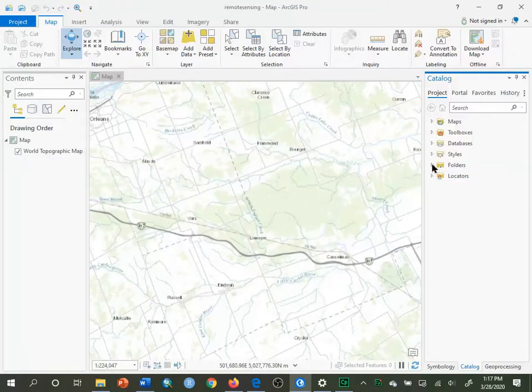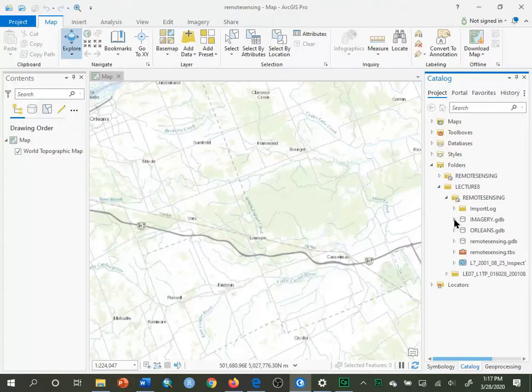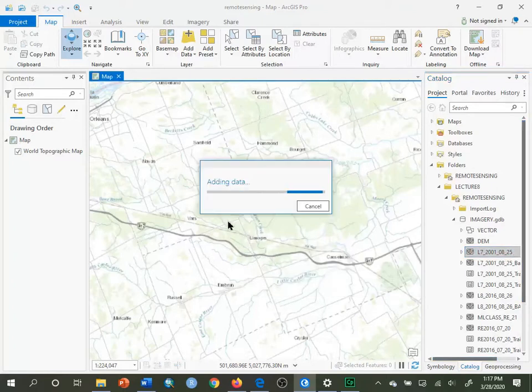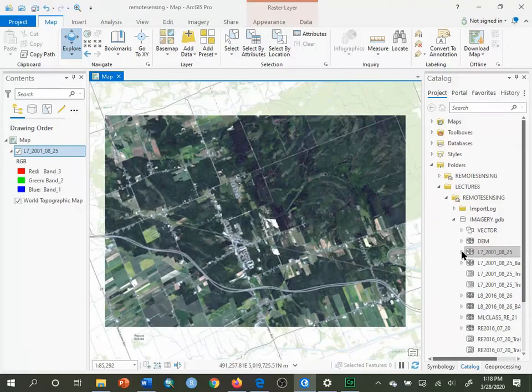So I'll go to my folders where I've already connected to my Lecture 8, go into the Remote Sensing folder, and then the Imagery Geodatabase, and here is L7 2001 0825. I'll just bring that in. And here we go.